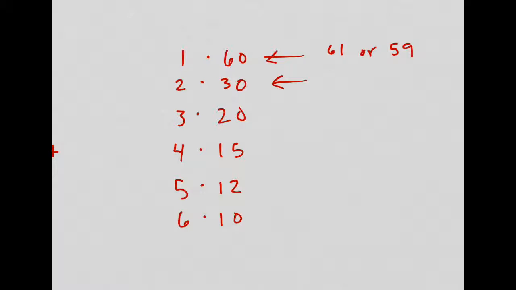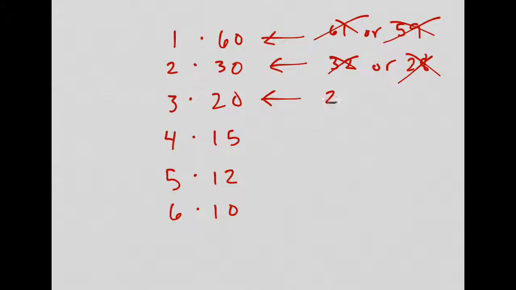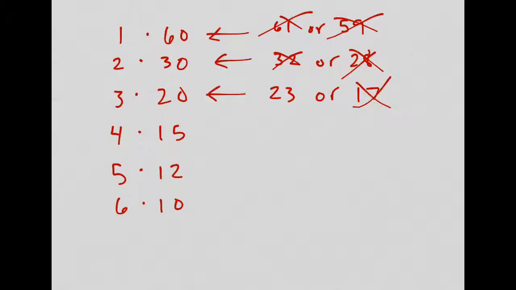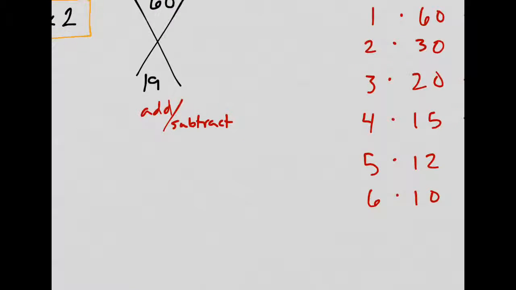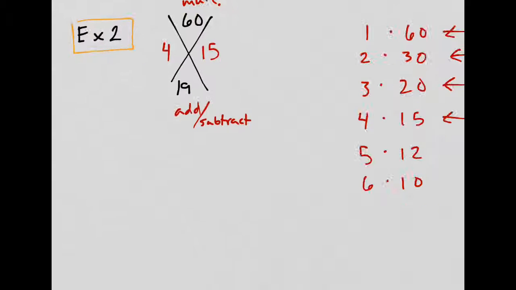This adds to 32 or subtracts to 28. None of those. This adds to 23 or subtracts to 17. That's still not what I want. This adds to 19. Oh, hey, that's what I wanted. So 4 and 15.